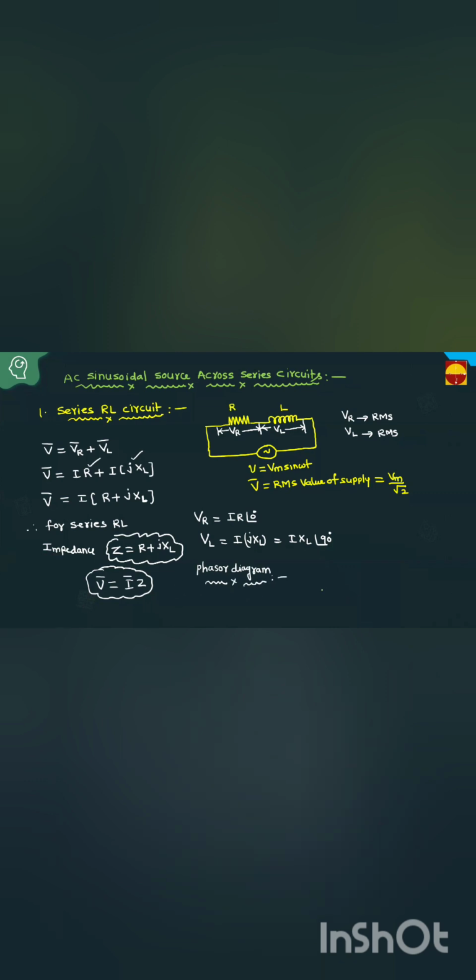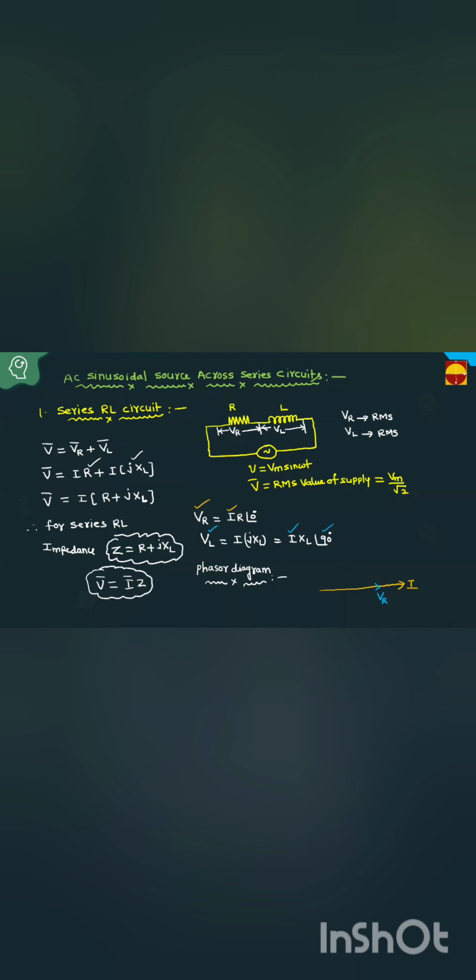In a series circuit, current is constant, so I am taking current as the reference. What is the angle between the voltage across the resistor and current? 0 degrees. That's why VR is in phase with current. But what about VL? VL leads I by an angle of 90 degrees.